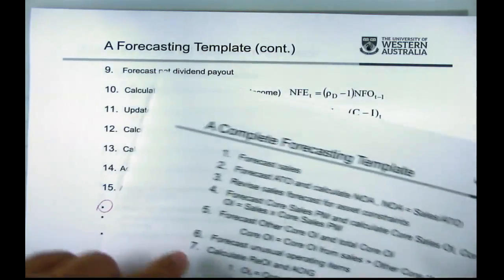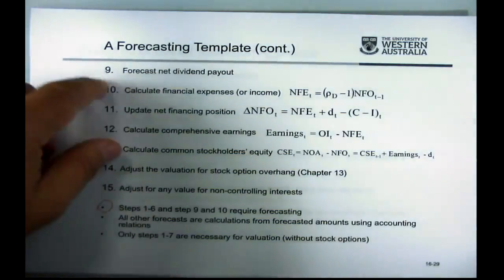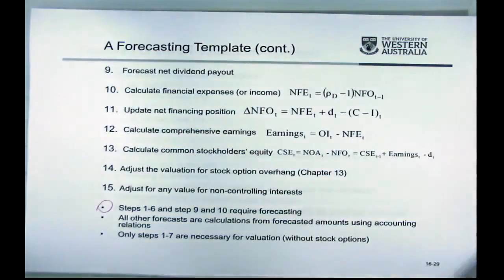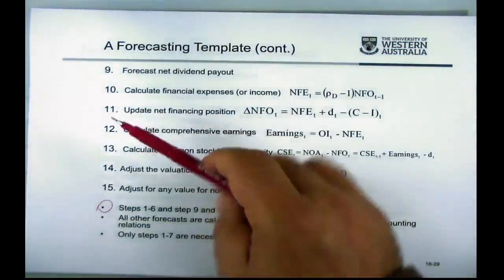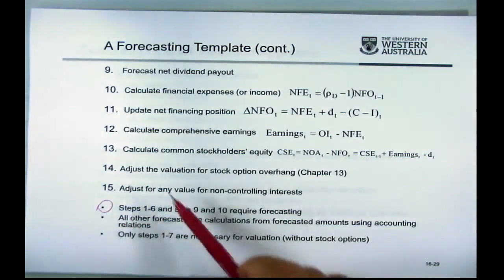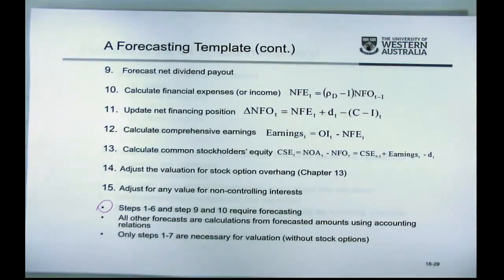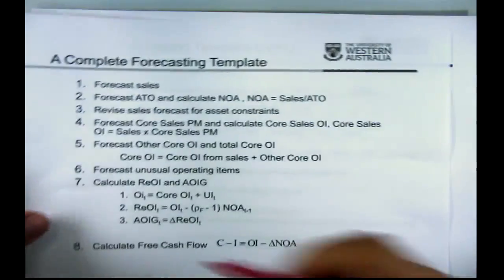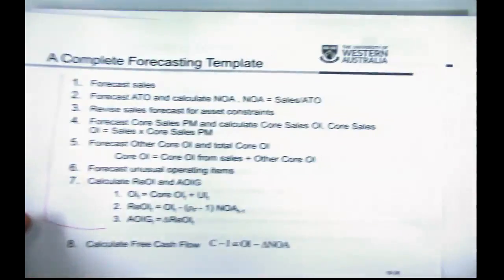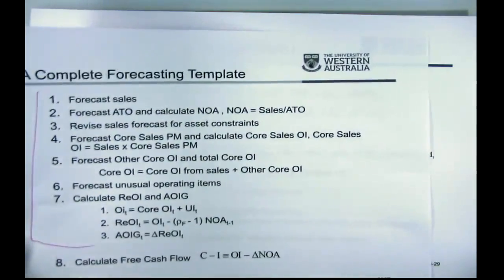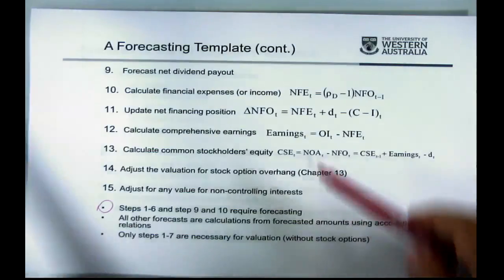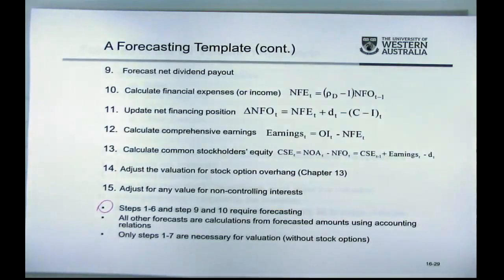So 1 to 6 and 9 and 10 are items that need forecasting, and the remaining steps can be calculated from these steps. Only steps 1 to 7 are necessary for valuation. So from here to here is all we need to do the valuation. The remaining items are to do a pro forma analysis.